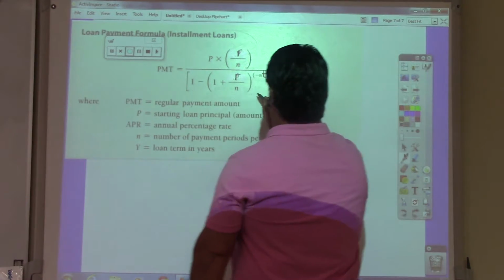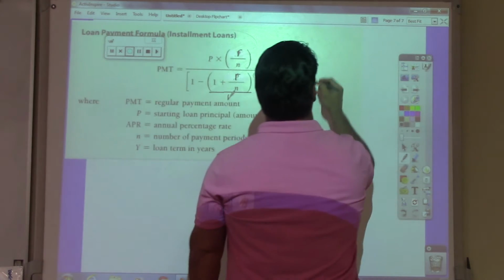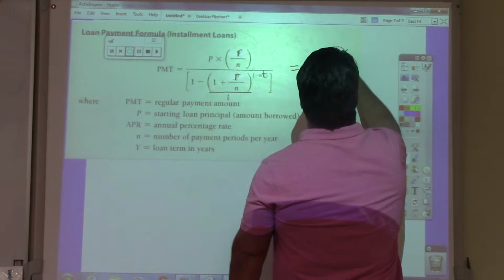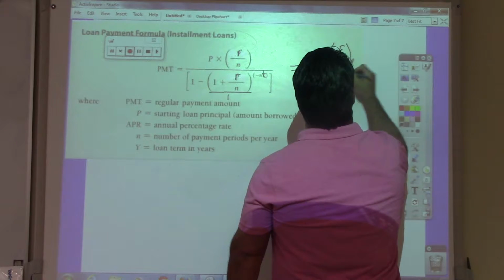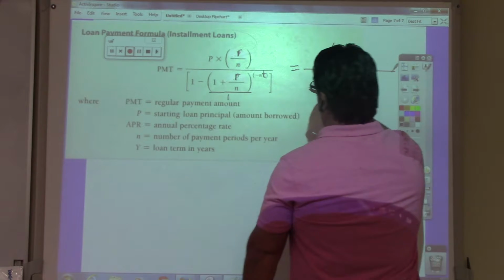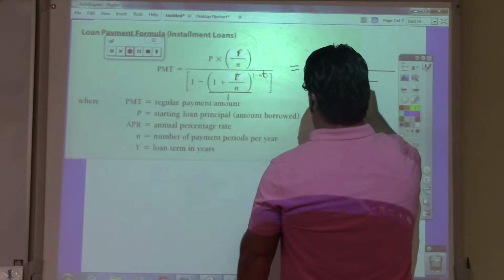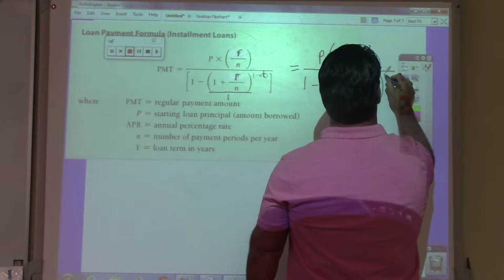This right here is over 1, so I'm going to rewrite mine as equals P R over N over 1 minus 1 over 1 plus R over N raised to the nt power.